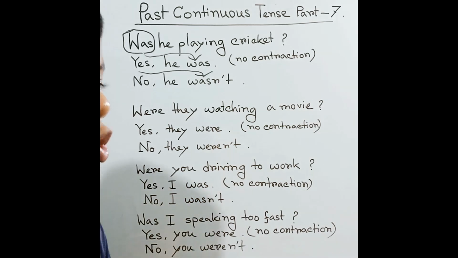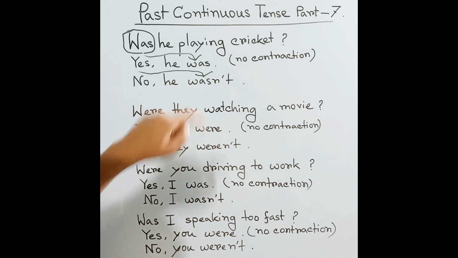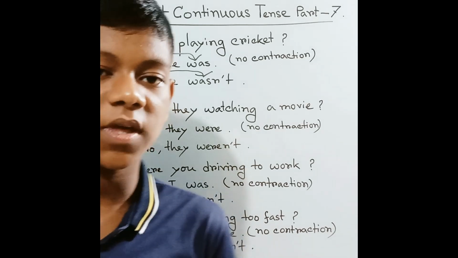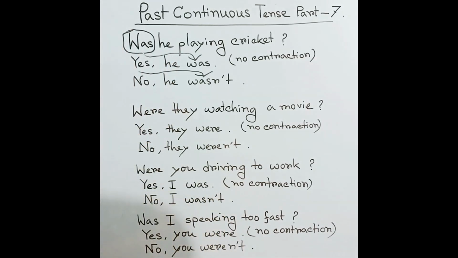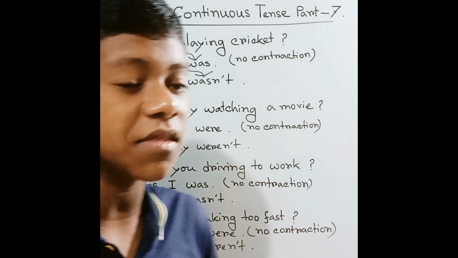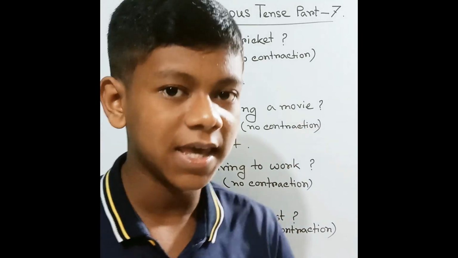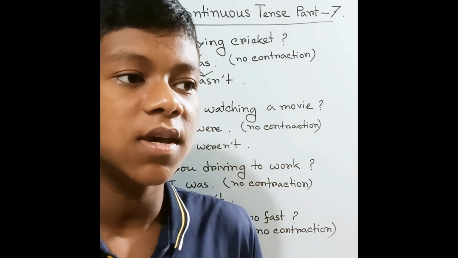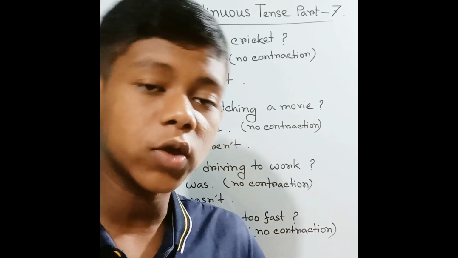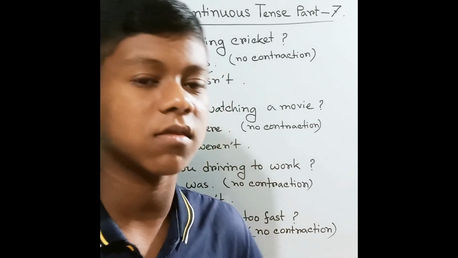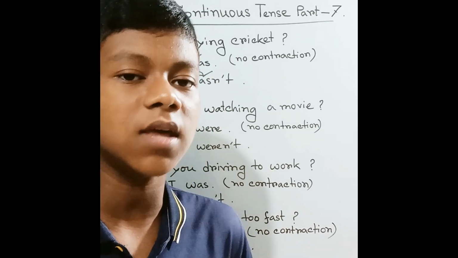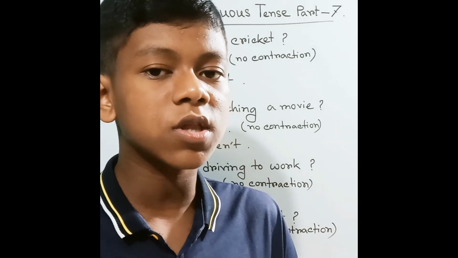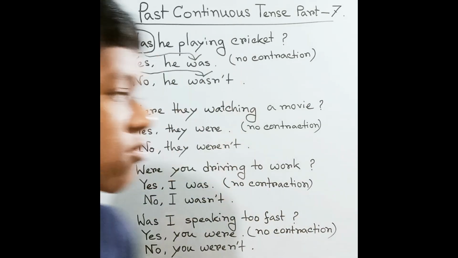Here, in the negative sentence, we have used the contraction form wasn't, which means was not. So: yes, he was playing; no, he wasn't playing. You don't have to say the full answer, since it may take time.